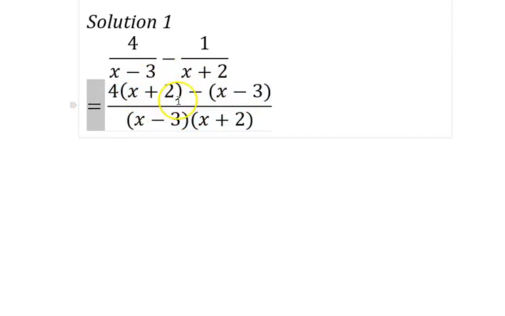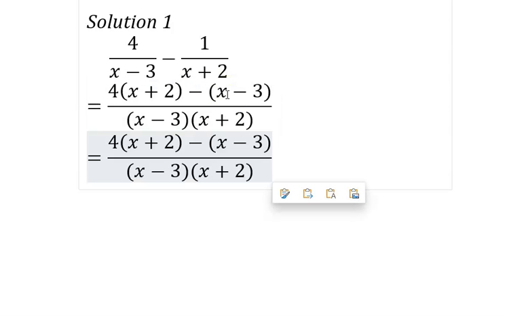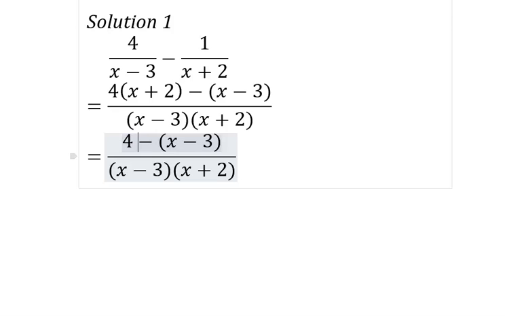So let's now work with this that we now have. Awesome. So let's open up the brackets and see what we have. 4 times x will give you what? 4x. 4 times 2, because it's plus, will give you what? 8.